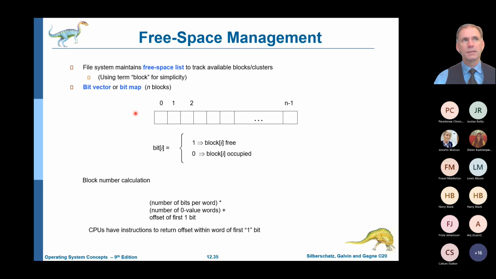What it really means is you can throw a piece of data, a word, at this instruction, and it will come back and say the first 1 in this 16 bits is at location 4, which is fantastic if that 1 says, oh right, well that means that our first free space is in location 4. So it's this idea about using a CPU instruction rather than a disk access.